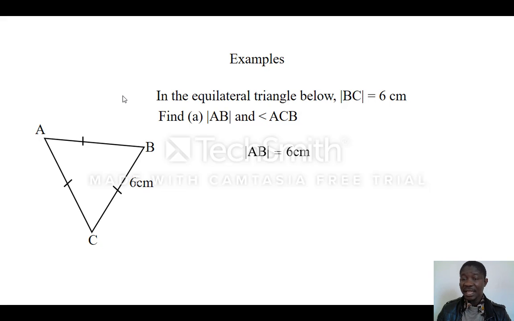Then we were asked to find angle ACB. Since in an equilateral triangle each of the angles is 60 degrees, angle ACB is equal to 60 degrees.